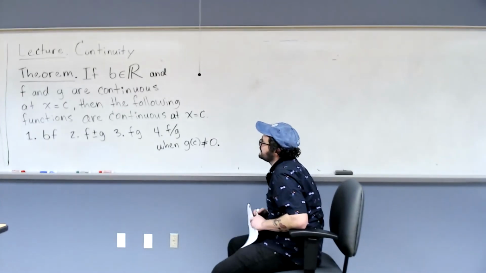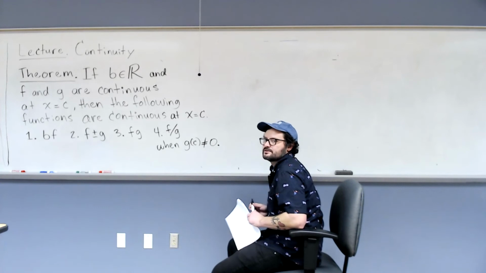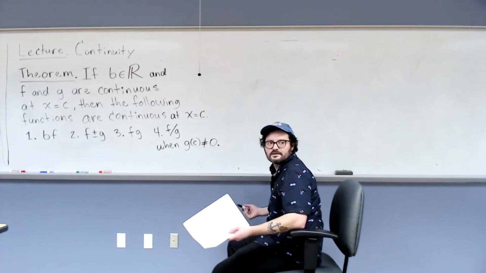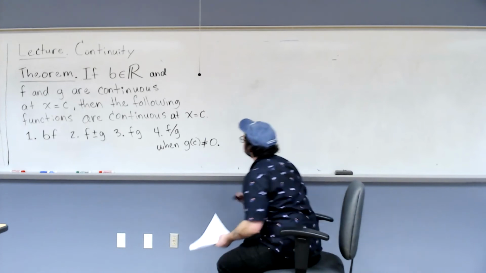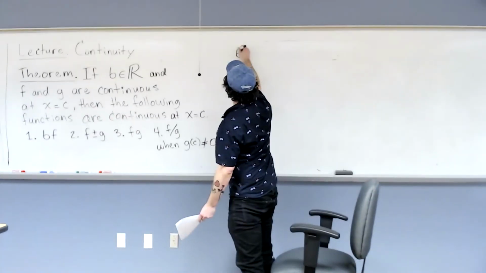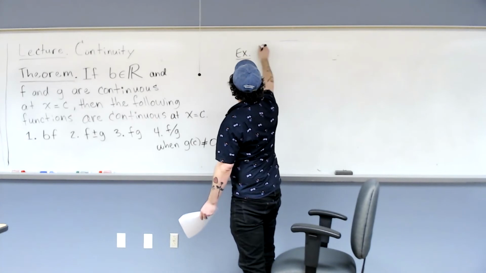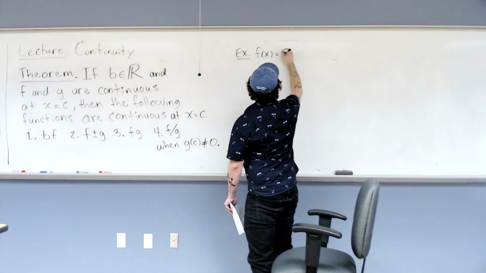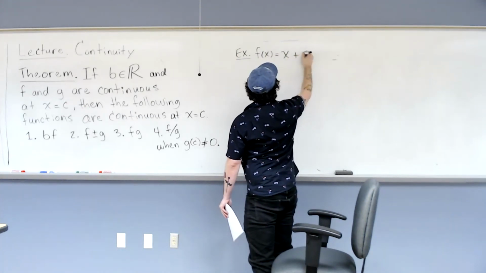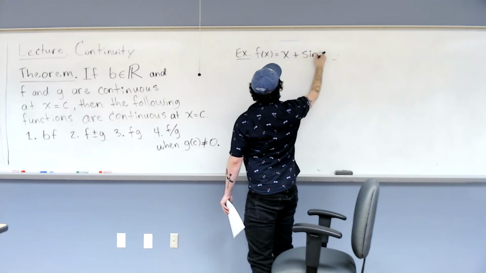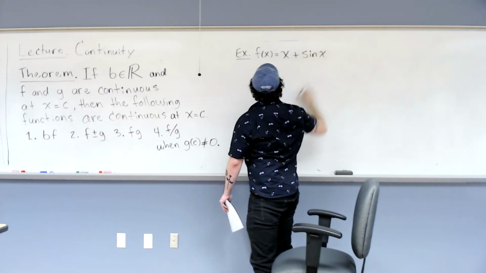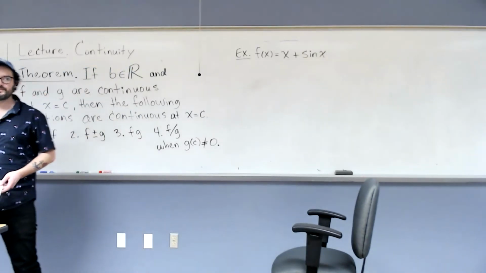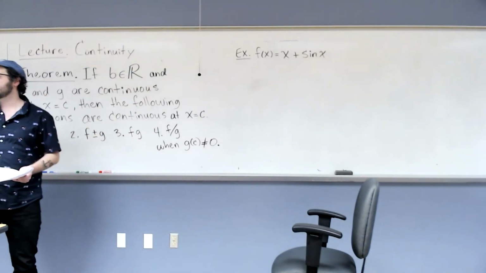Okay, so immediately we get all kinds of functions that are going to be continuous at a given point and over all of R, actually. So some examples would be f of x equals, I don't know, x plus sine of x, right? x by itself is continuous on all of R, and so is sine.